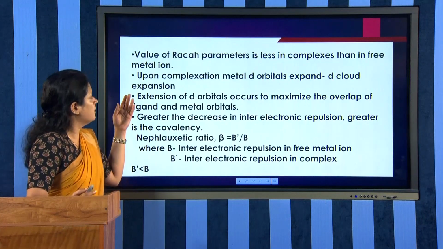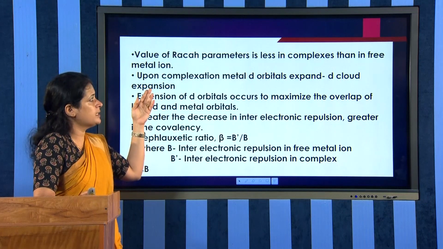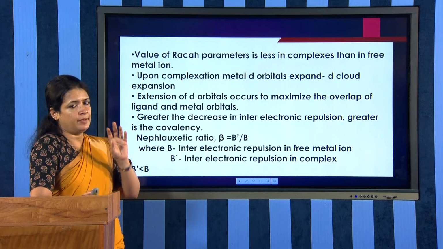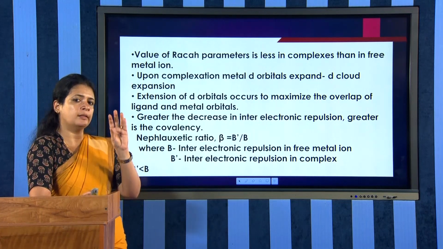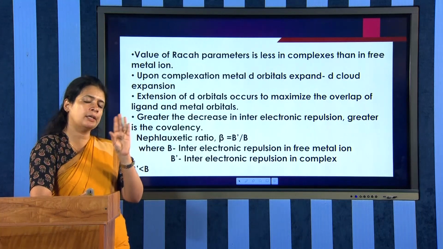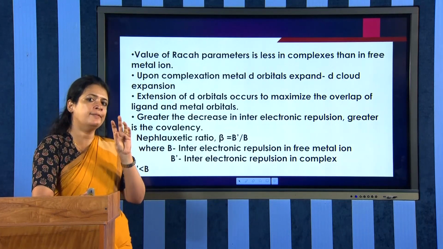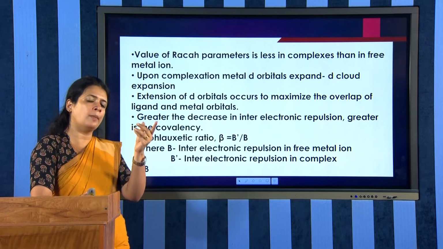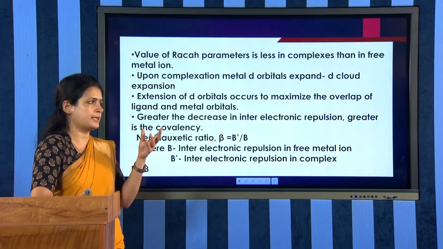So, the value of the Racah parameters is less in the complexes than in the free metal ion. When the free metal ion is considered, there are obviously d electrons, and the interelectronic repulsion in the free metal ion will be greater than when that metal ion is complexed with ligand.